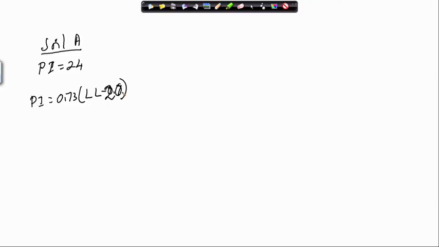Now if I put the given liquid limit value and calculate, I see that the PI comes to 17.52. So this clay is lying above the A line, and if the soil comes above the A line, then that is a clay soil.